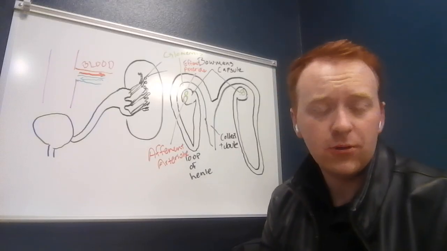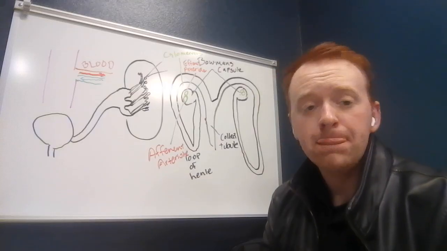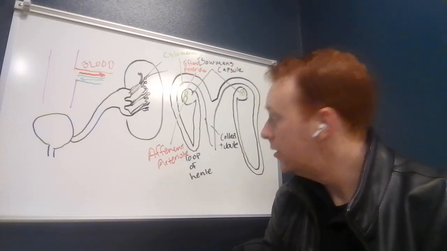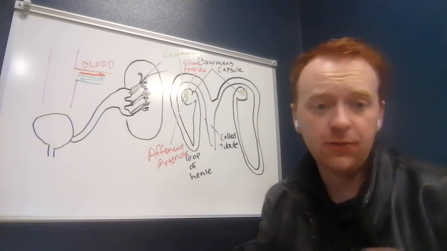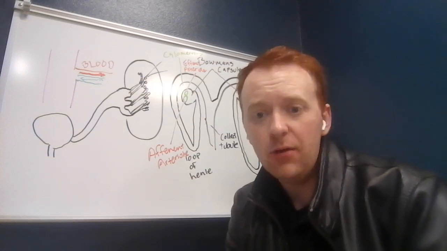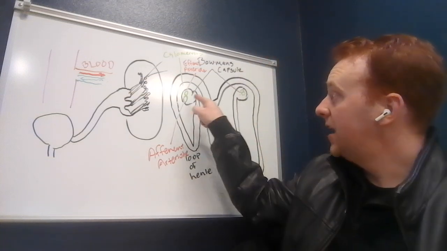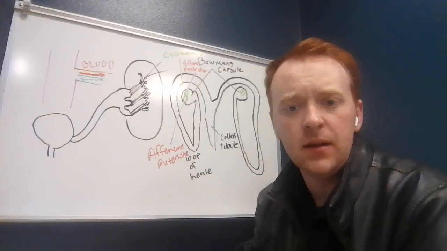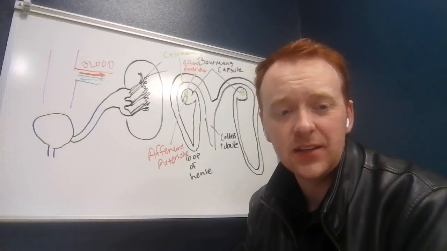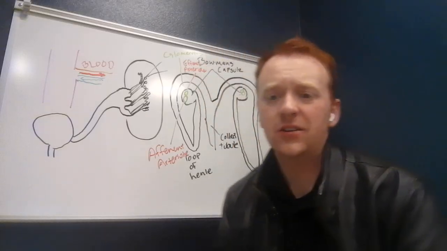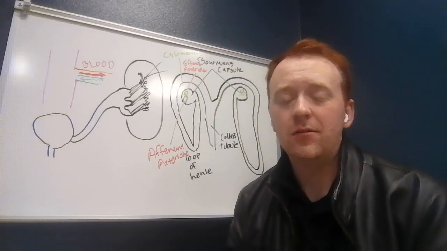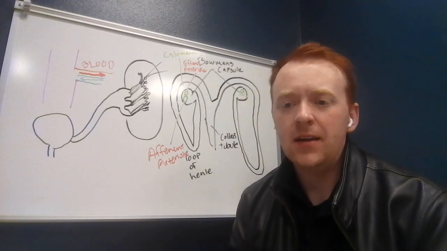As blood flows through the glomerular capillaries, pressure forces water and small solutes out of the blood and into the Bowman's capsule. Ions like sodium, glucose, amino acids, and urea are small enough to pass through. It's pretty specific.